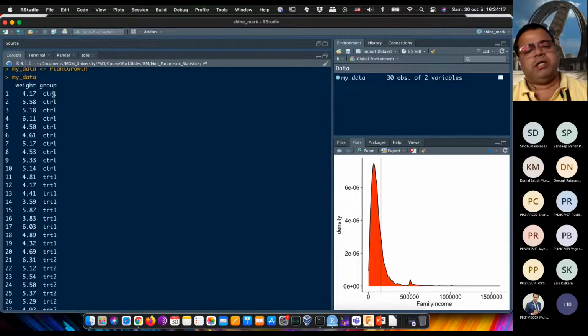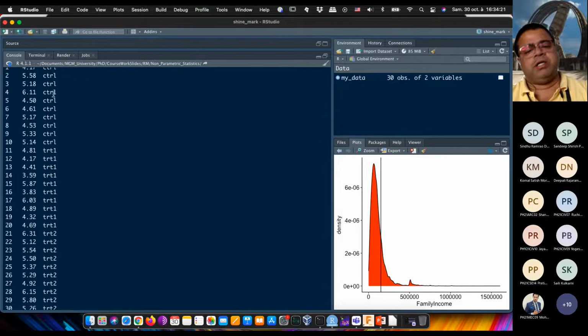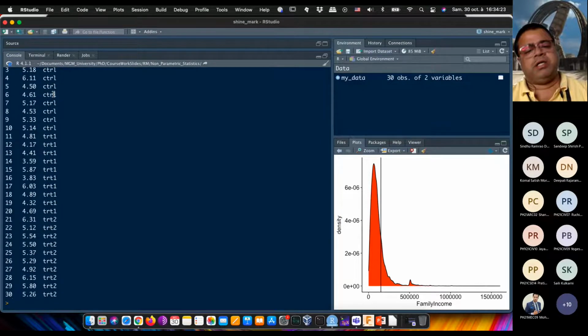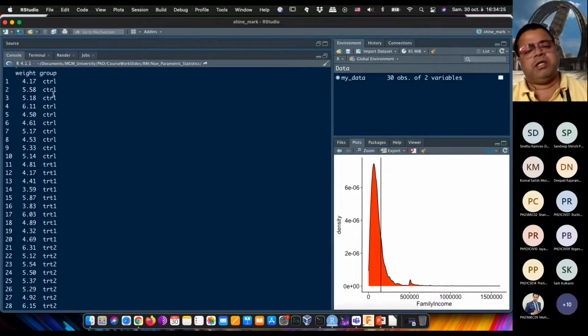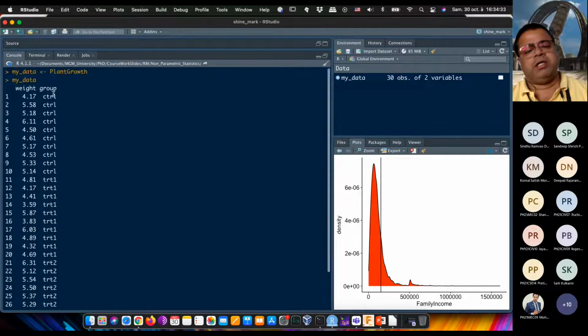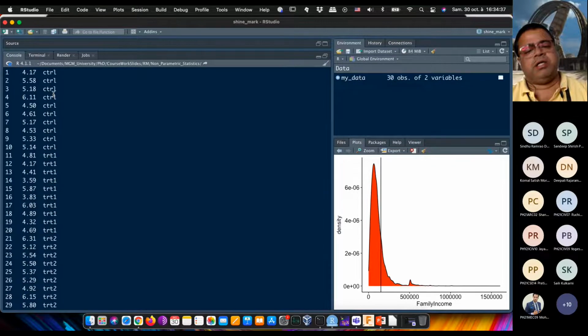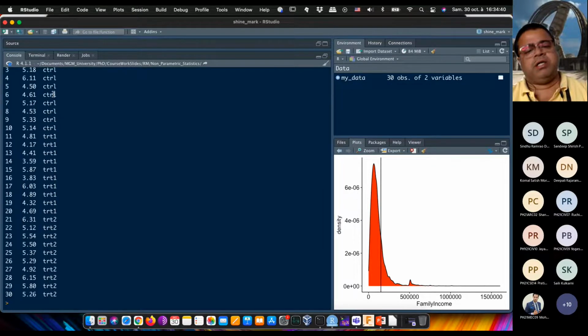Ideally speaking, I should have 3 columns, one with CTRL, one with TRT1, one with TRT2. Ideally it should be like this, but is it? It is not. What is happening is I have been given the data in a column. It is given in a simple column, and in R I need the data in this format.